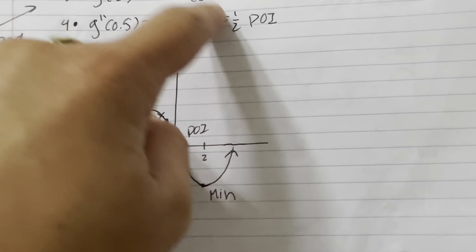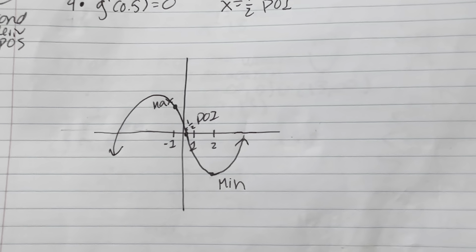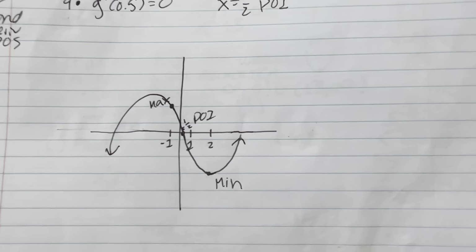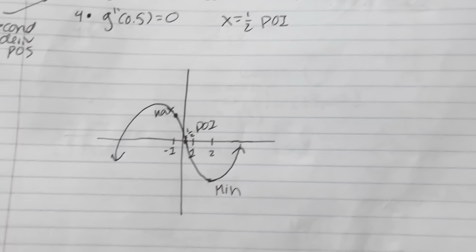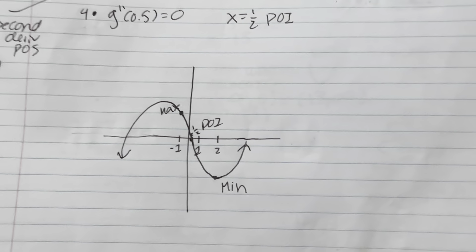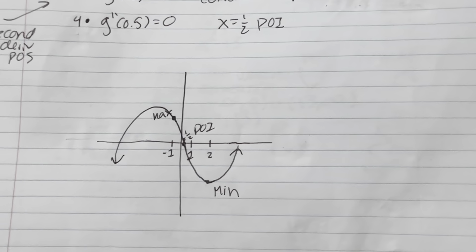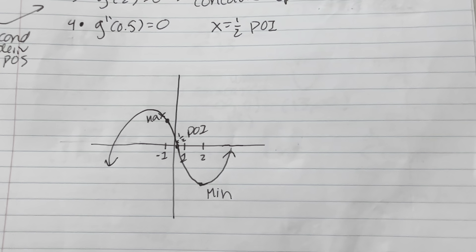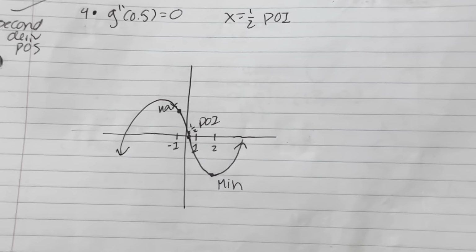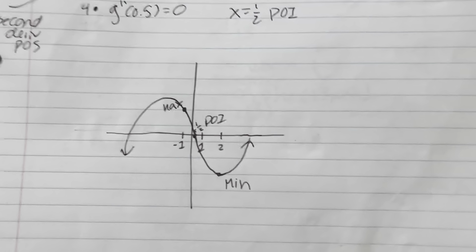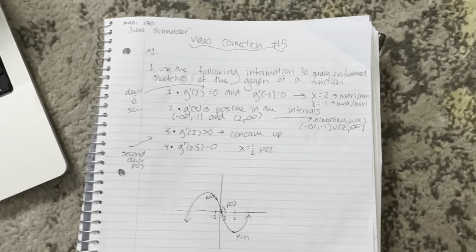Sorry, this should say x and y. You see your maximum at x equals negative 1 and your minimum at x equals 2. You know that is the case because of the concavity. It goes from being concave down to concave up, and everything is satisfied. All of the critical points are labeled here.